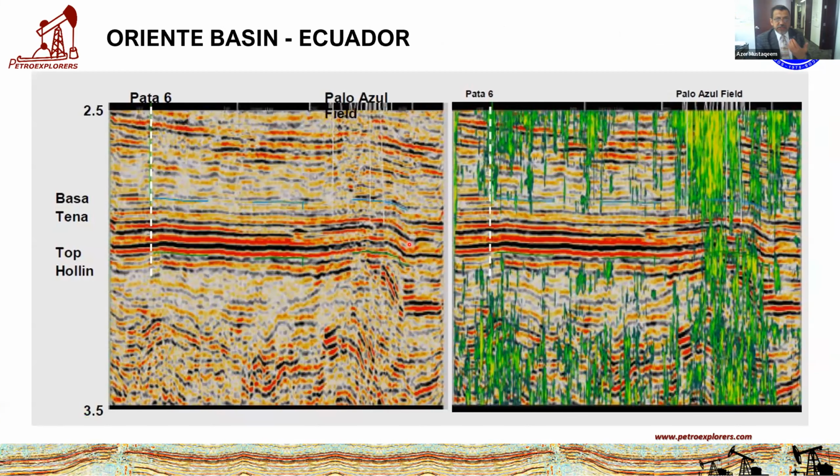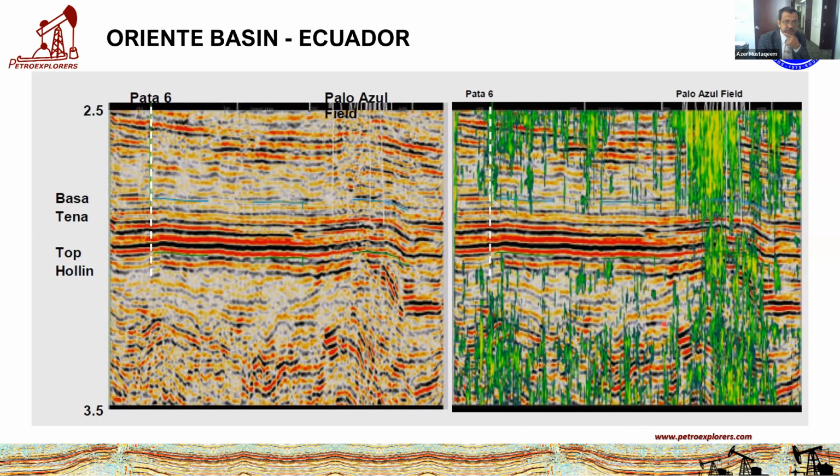Another study, from the Oriente Basin back in Ecuador, is showing this. David Connolly did a bunch of work on this study, on how the source rock migration comes from the deeper source rock.